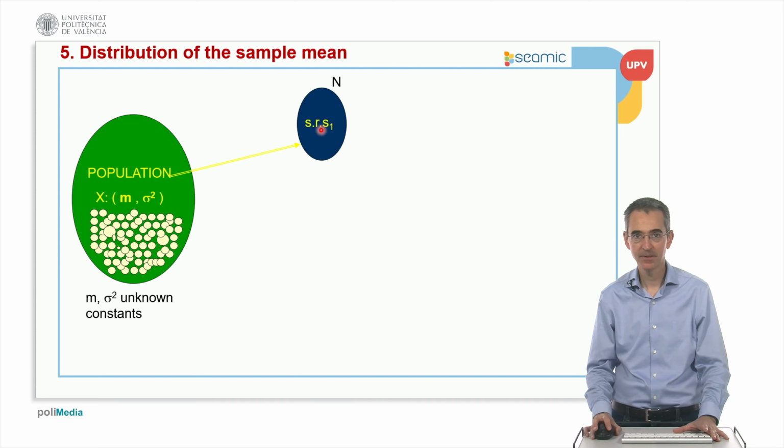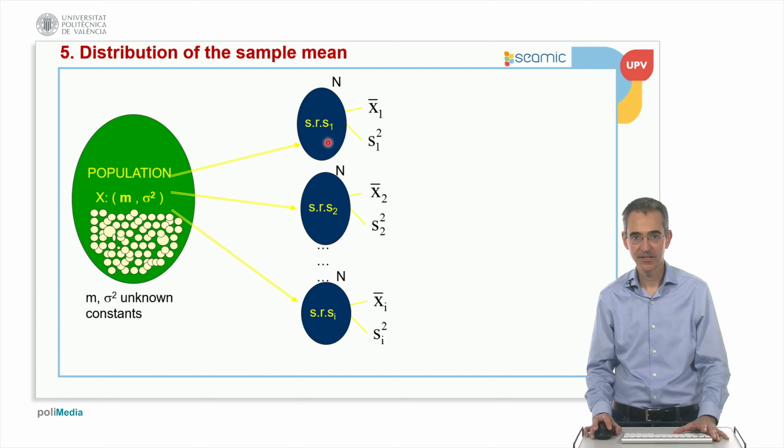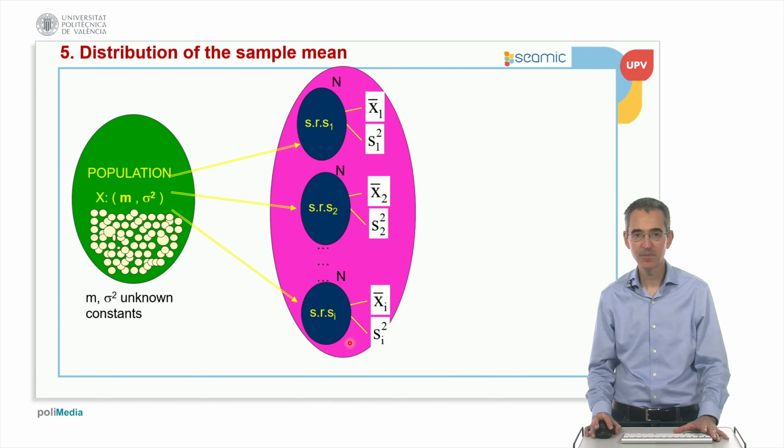SRS means simple random sampling, so we take a first sample of size n, another sample of size n, and so on. From every one of them, we compute the sample mean and the sample variance. So this would be the population of all possible samples that we can take.